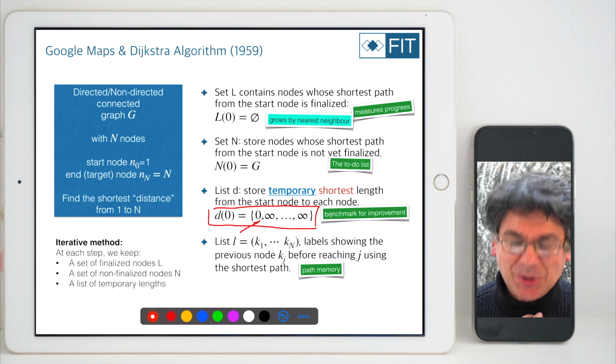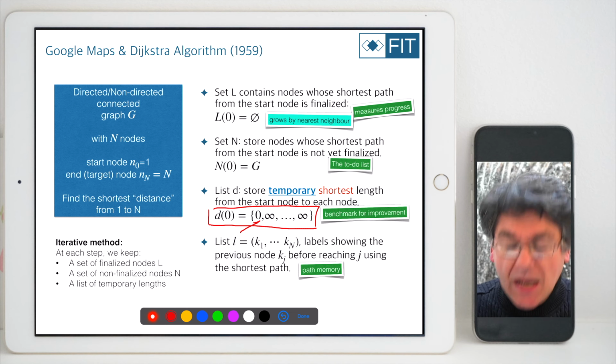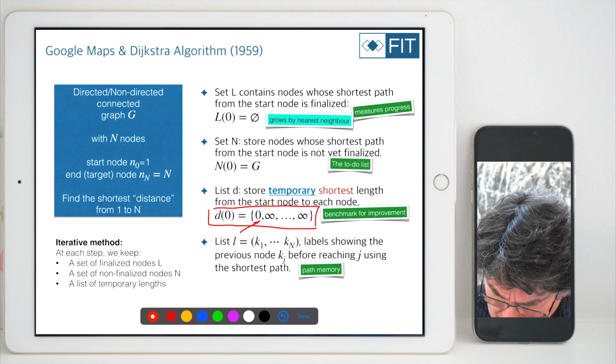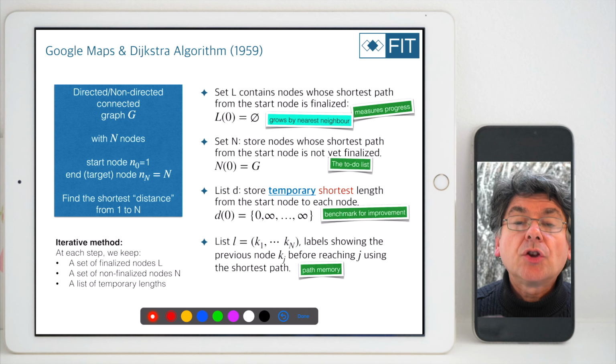If we live in Toronto, the distance from Toronto to Toronto will be 0. Every other city, we will assume that the distance is infinity. Niagara Falls, infinity. New York, infinity. Philadelphia, infinity. Only Toronto is going to have a distance of 0. Mississauga, just outside Toronto, infinity. This is our temporary shortest length from our start node to each of the nodes in the graph.